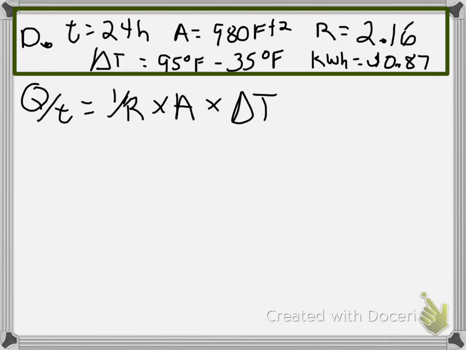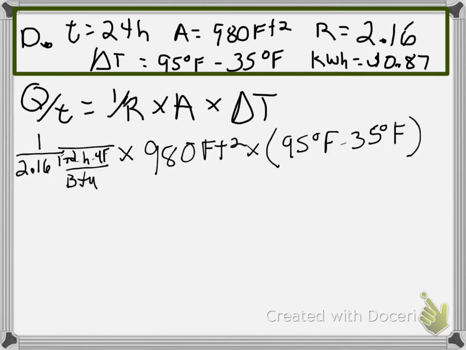So I wrote out everything I need, and so I have my time of 24 hours, my area of 980 feet squared, my R value of 2.16, my change in temperature of 95 degrees minus the 35 degrees, and the kilowatt hours is the next step that we'll do after we find the answer to the problem. I also wrote the equation I'm going to use. I'm going to just plug everything in.